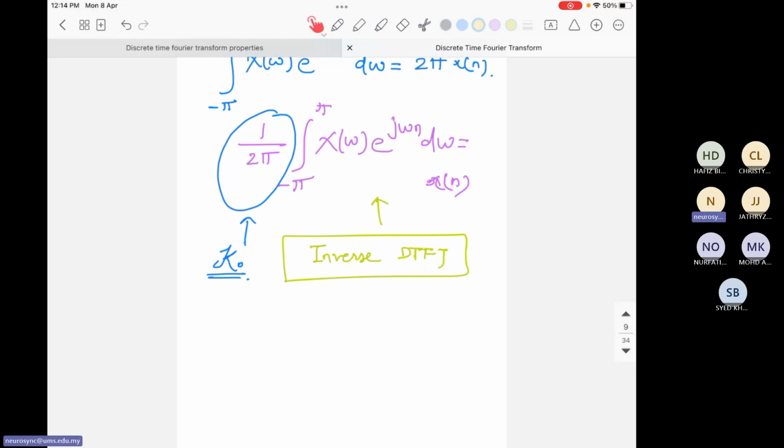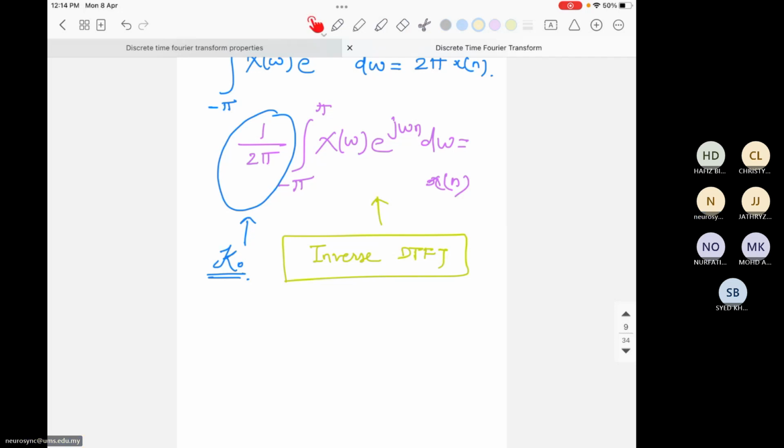But this is not always true, or we can say that there may be a problem if the sequence may not have the discrete time Fourier transform. If the sequence already has the discrete time Fourier transform, then we can go back and find the original sequence.